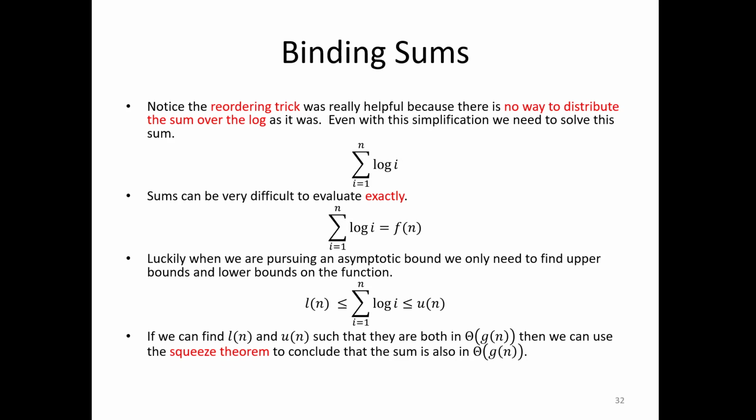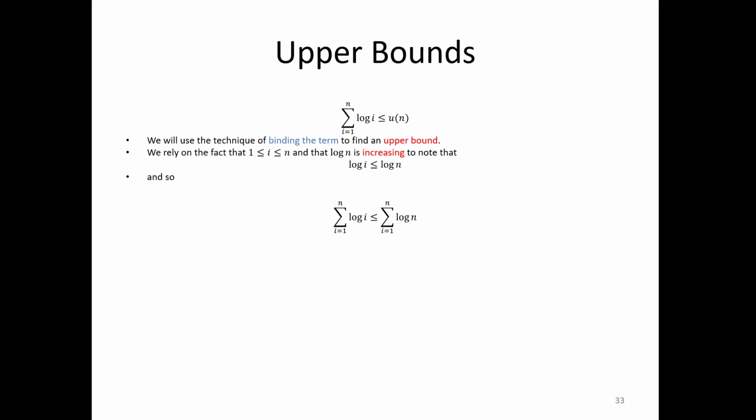And so again, if we can find these 2 bounds, the upper and lower bound, such that they both have the same theta bound, we call this a tight bound, then it guarantees that the sum itself also has that same bound. And again, here we're just applying the definition of theta.